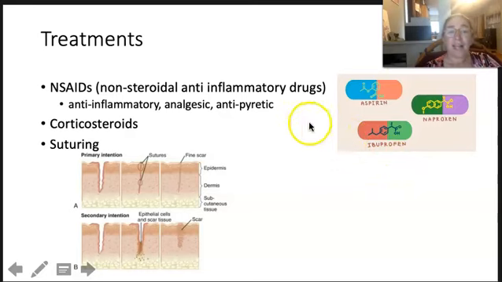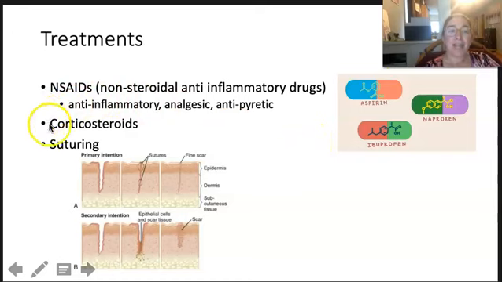These reduce inflammation, they reduce pain, so they're analgesics, and they also reduce fevers, so they are antipyretics. They do this by blocking production of cytokines like prostaglandins, which contribute to pain, and pyrogens, which contribute to fever.